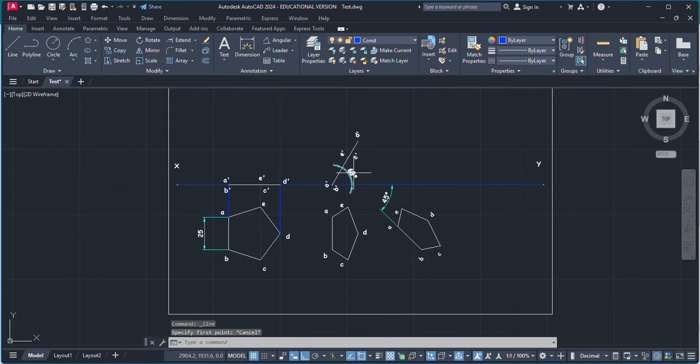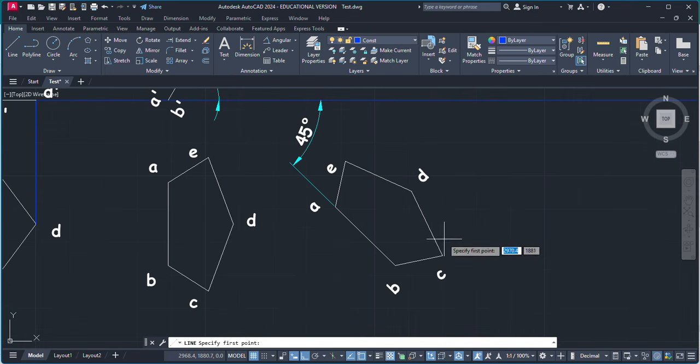When this is at 60 degrees with the HP, we observe only an inclined line. But keeping this on the horizontal plane and rotating it with the VP, instead of a horizontal line, a pentagon will appear in the front view.